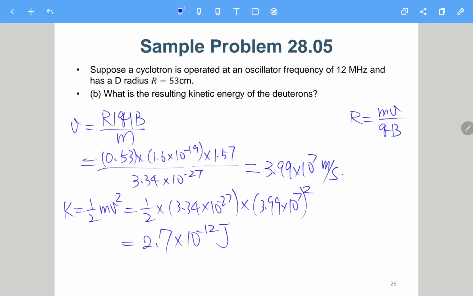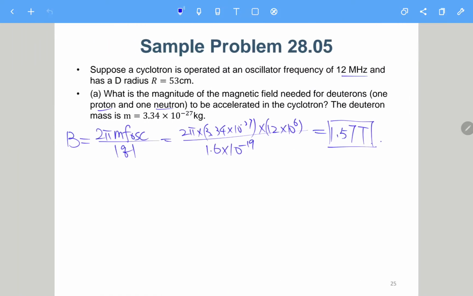And usually for particle physics, they use eV, so we divide this number by 1.6 times 10 to the minus 19 to make it 17 MeV. So this one matches the value here.